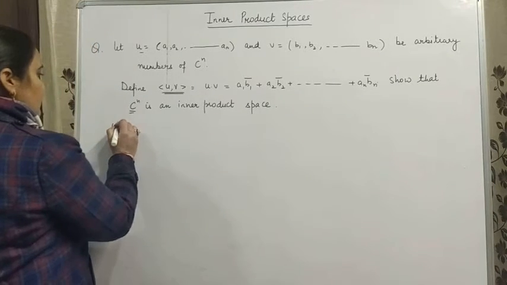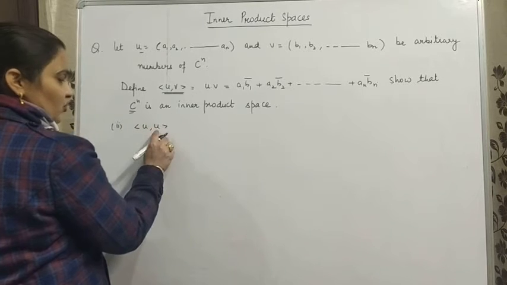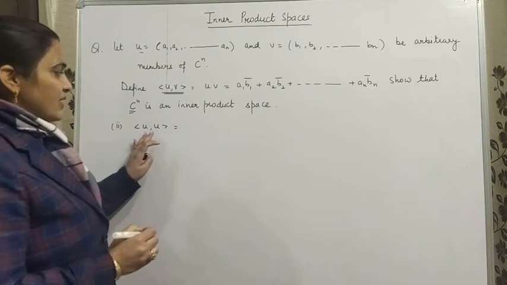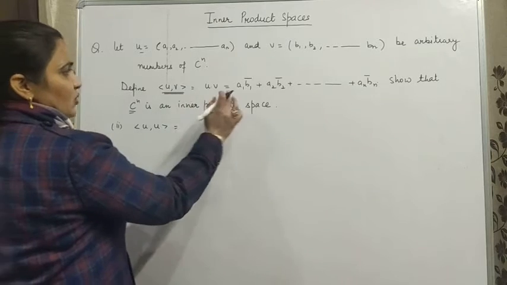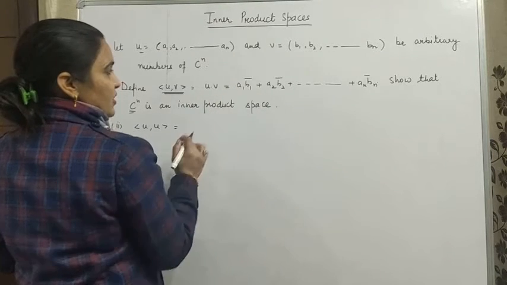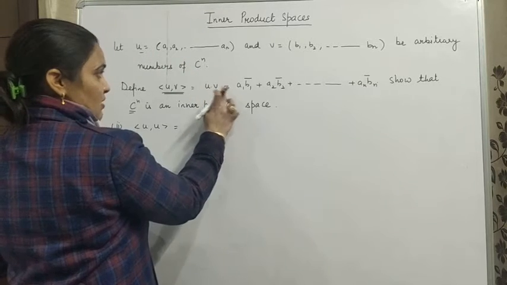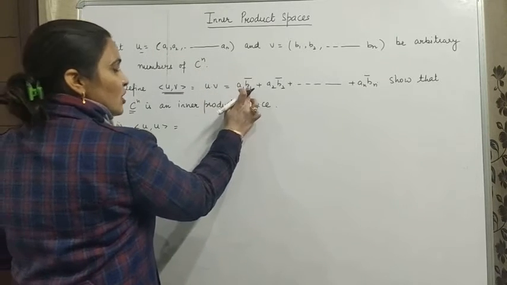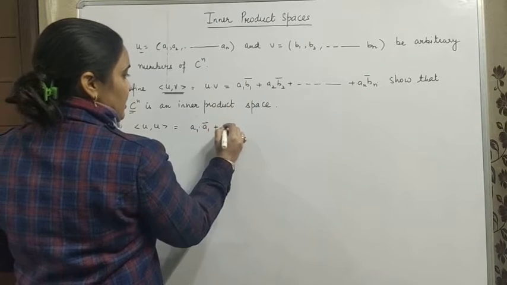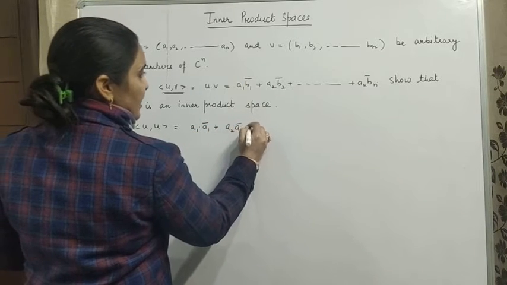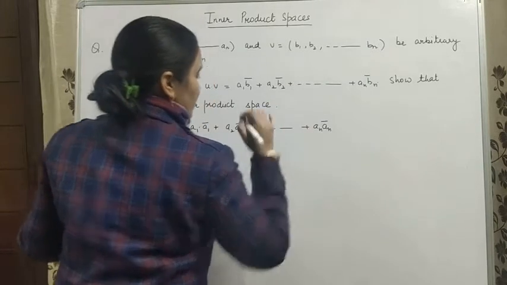So let us now calculate inner product of u with u. So u with u is a1 conjugate. अब हमने u with u करना है तो एक एलिमेंट a1 u का, फिर दूसरा एलिमेंट फिर u का with conjugate. So it is a1 into a1 conjugate, a2 into a2 conjugate and so on an into an conjugate.